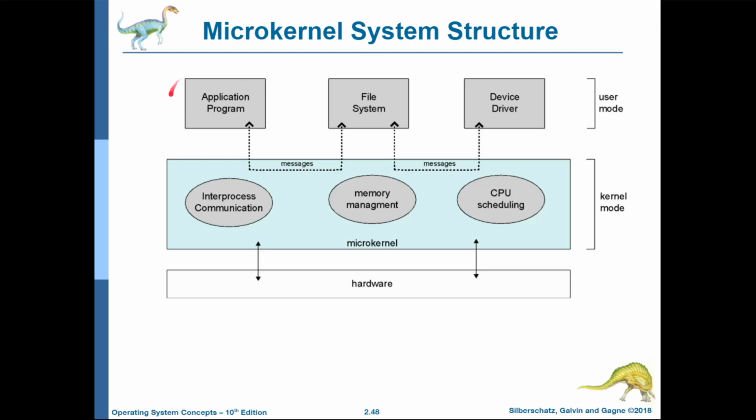Here's our application program that may need to perform some sort of file operation. Let's say it's trying to perform an open. What it will do is form a message, and pass that message through the microkernel. The microkernel will figure out that the message needs to go to this file system. The file system will do what operations it needs. Generally, one of those operations is to save something to or read something from a device.